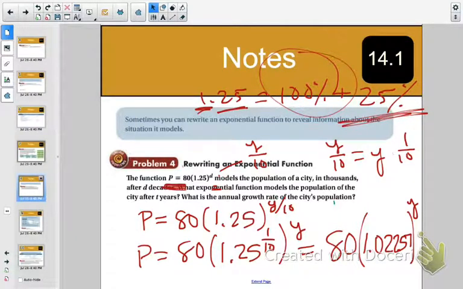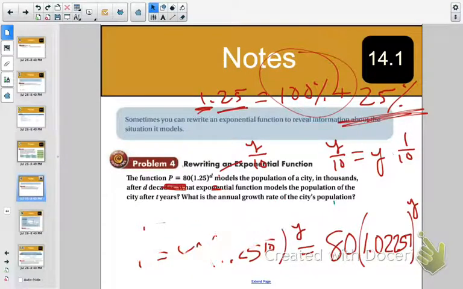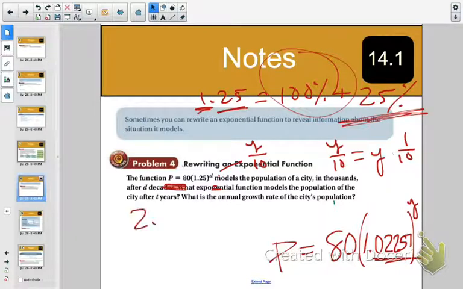So if we want to look at years, what is your yearly or annual growth rate? What we want to do is look at the yearly equation. Your yearly growth rate is this right here. So move our decimal twice, 2.257%.